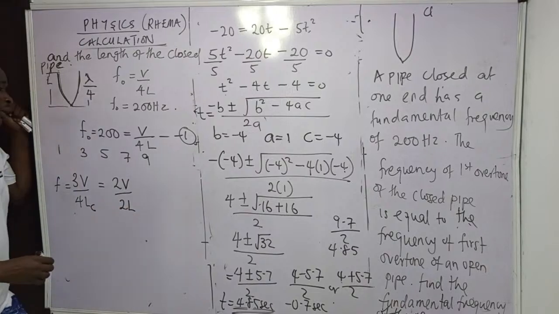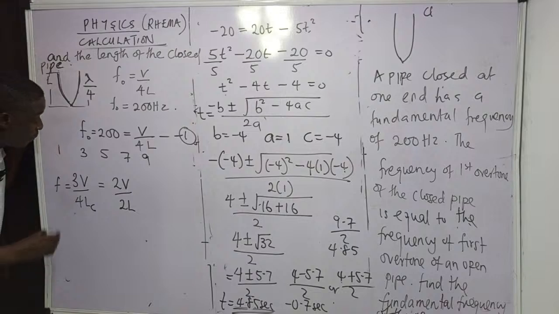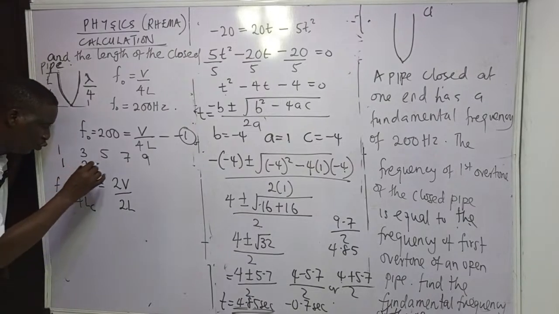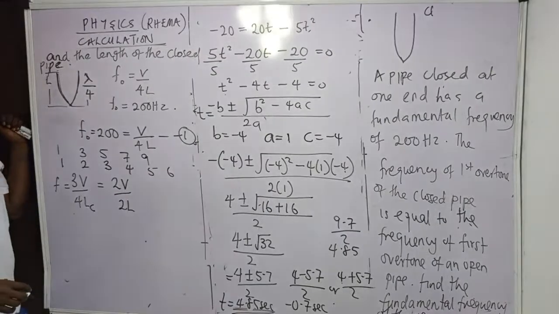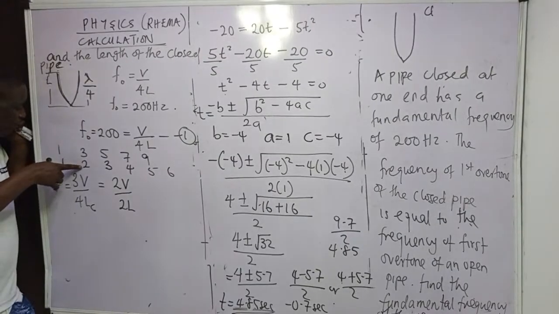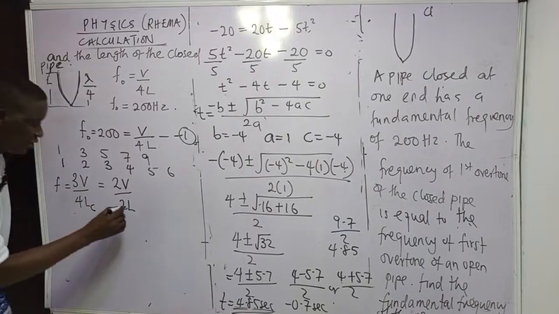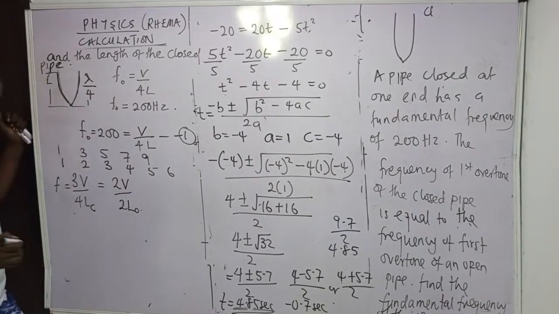Don't forget, for an open pipe the harmonics are 1, 2, 3, 4, 5, 6, and so on, natural numbers. And the first overtone is 2V over 2L. This is the open pipe.